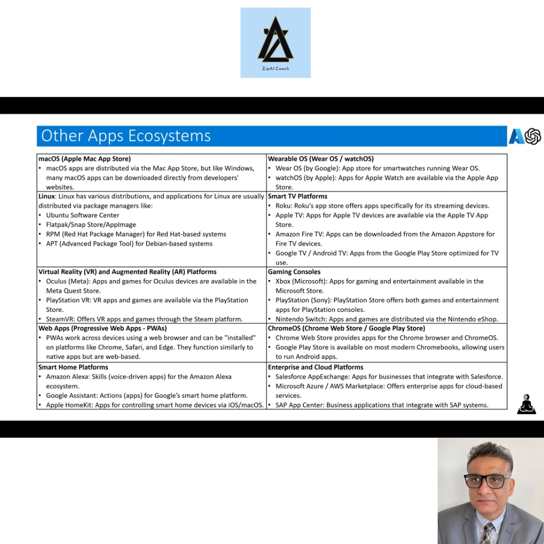Then you have Chrome OS from Google, smart home appliances like Alexa in Amazon devices, Google Assistant, and finally we have enterprise and cloud platforms: Salesforce, Microsoft Azure, AWS, SAP. Now these applications provide a tremendous and a very big opportunity for infusing Gen AI, and that is what we are going to focus on today.